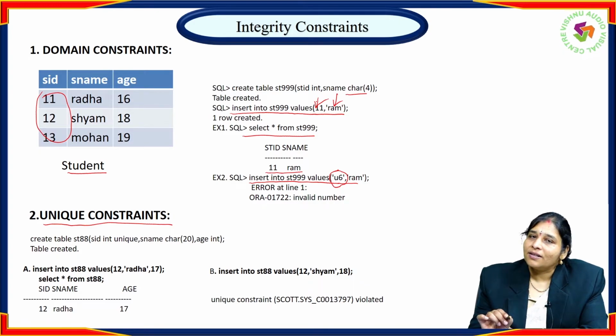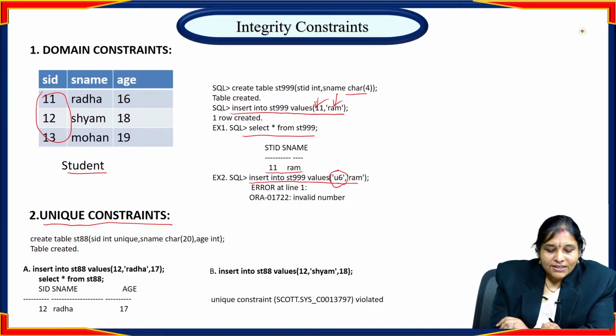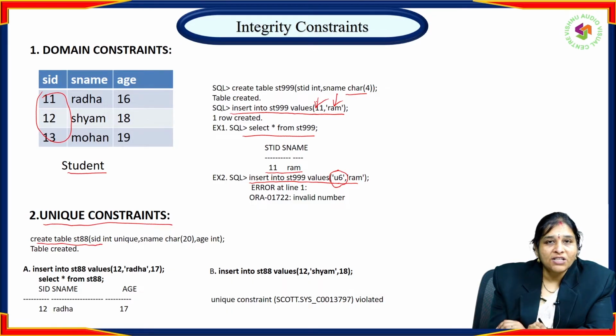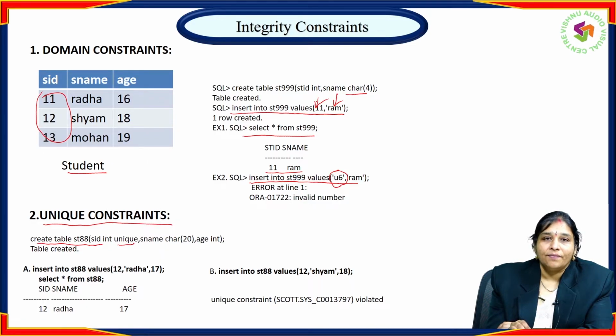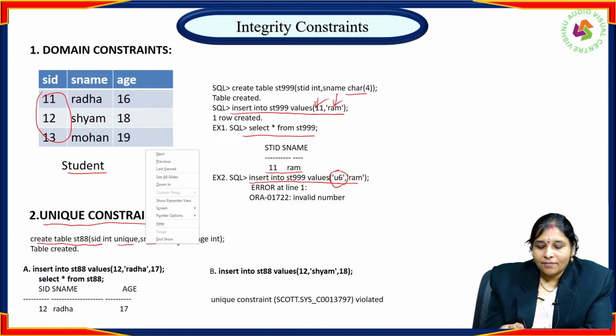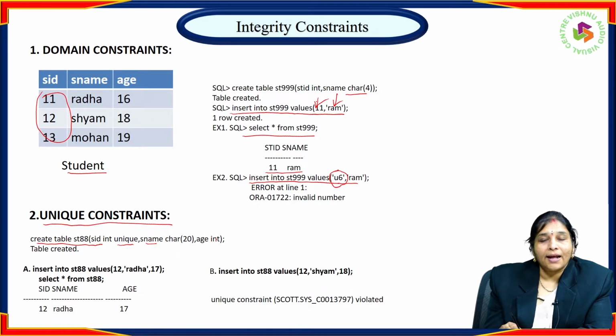The unique constraint does not allow duplication of that particular field which you have declared as unique. So once again I created one table wherein the first field SID has data type int, and I have taken this as unique. So no two student IDs are going to be the same. Then SName with character data type and age as integer.